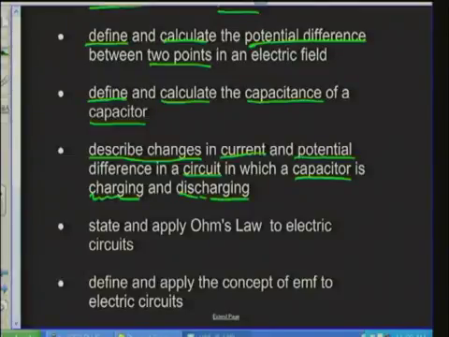You need to be able to state and apply Ohm's law to electric circuits, and also to define and apply the concept of EMF. So those are the basic things that you need to know when we talk electricity.